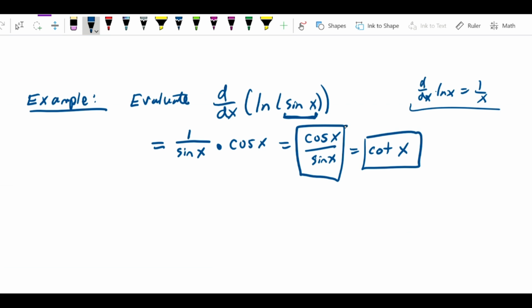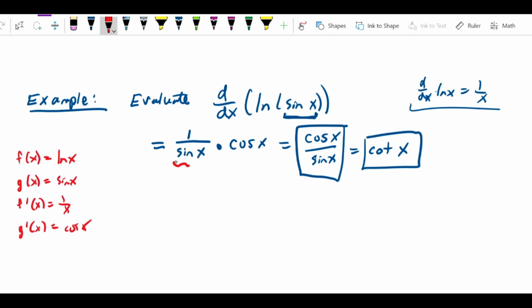So the thing to recognize here is that if I had defined what f and g are, I'm trying to get away from that, then we'd say that f of x equals ln x, g of x is equal to sine x. So then f prime of x equals 1 over x, and g prime of x equals cosine x. You'll see in that case that what I have here is actually f prime of g.